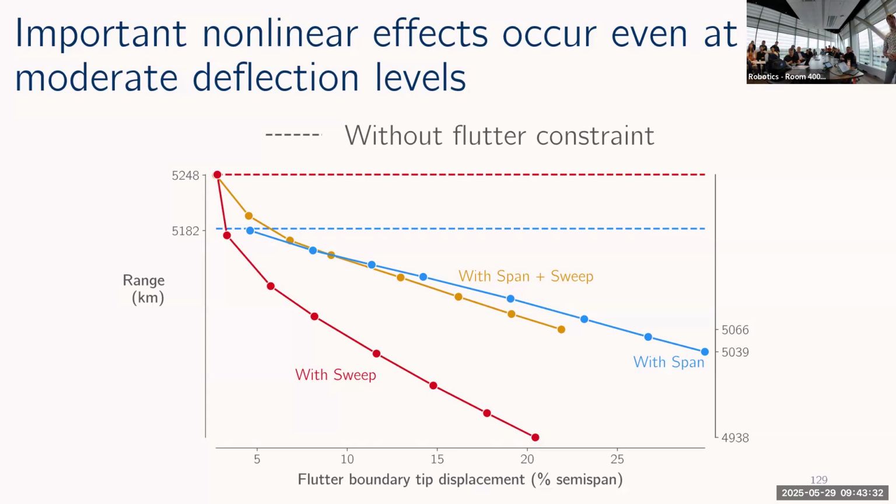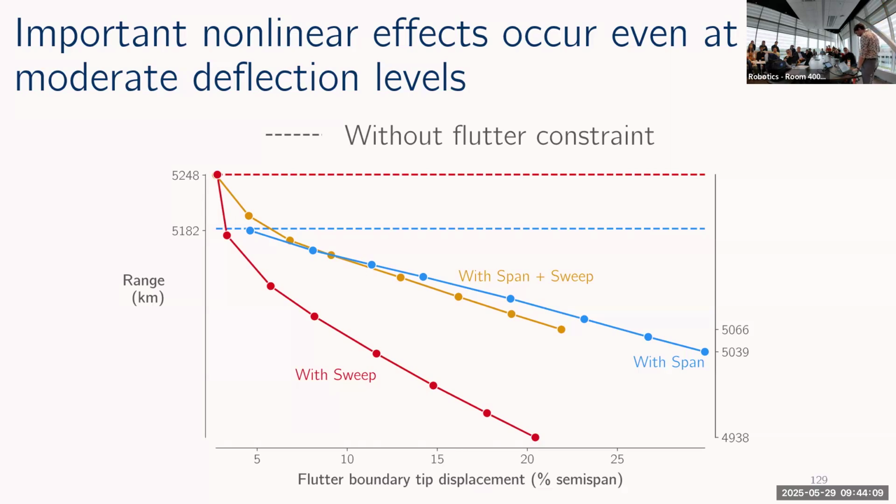And in the dissertation, I talk about why exactly this case where I fix the wing span, the cruise range is affected a lot more. But I think the most important thing to notice here is actually that we see quite significant loss in achievable cruise range, even when the flutter analysis is performed with wingtip deformations of even 5 to 10% of the wingspan, which is where we would typically think linear structural models are perfectly accurate.